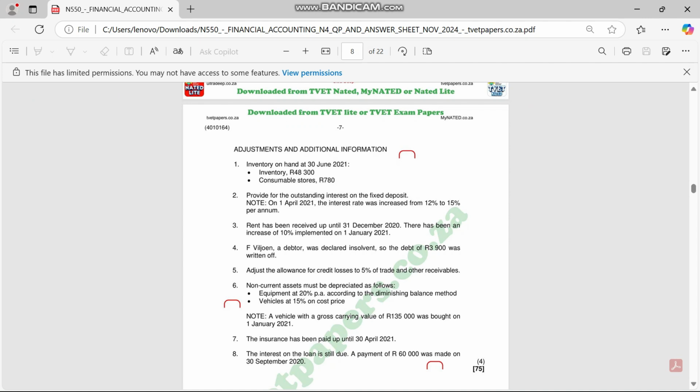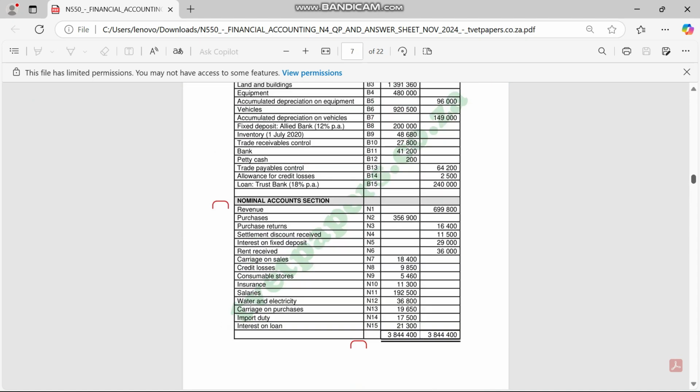We have 15% on carrying value for vehicle. We have a vehicle gross carrying value of 435,000 that was bought in January 2021. Okay, perfect.